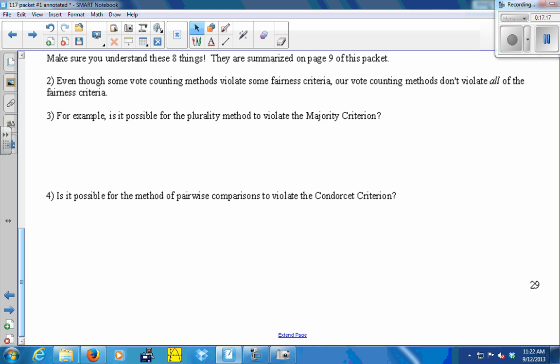So is it possible for the plurality method to violate the majority criterion? Is it possible when you're using the plurality method to have someone get more than half the votes but lose? Did you say no there, Corey? How come? Can you explain?